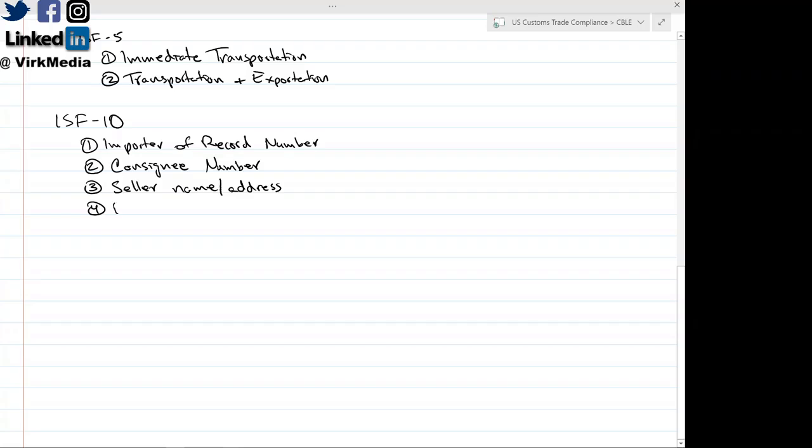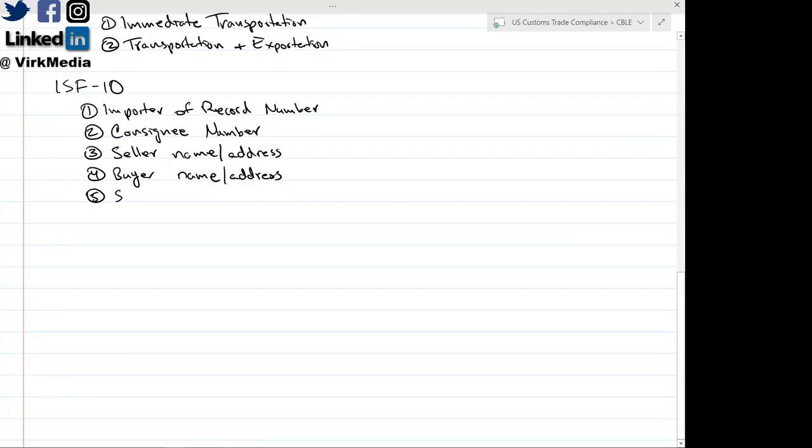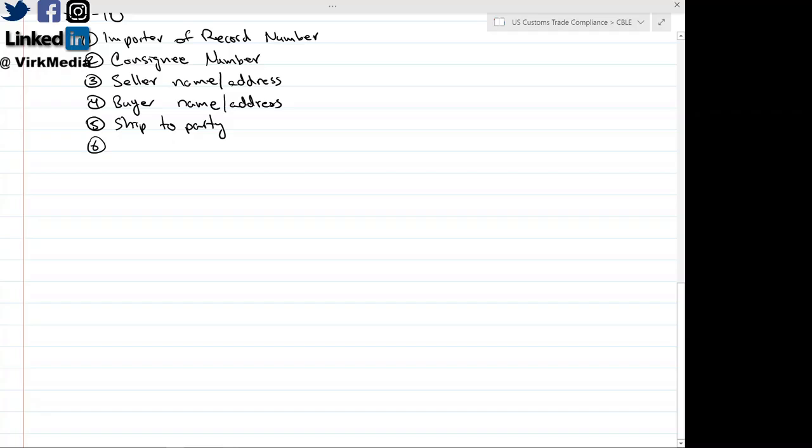The fourth one is buyer name and address. The fifth one is ship to party. And of course, if the buyer and the ship to party is the same, then you write the same thing in both boxes. The manufacturer's name and address.